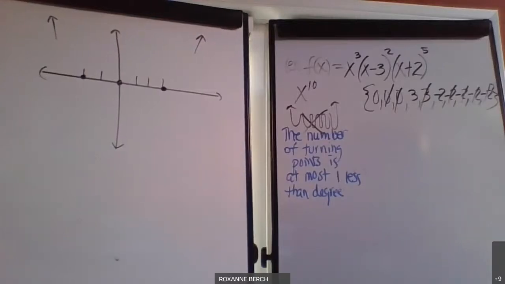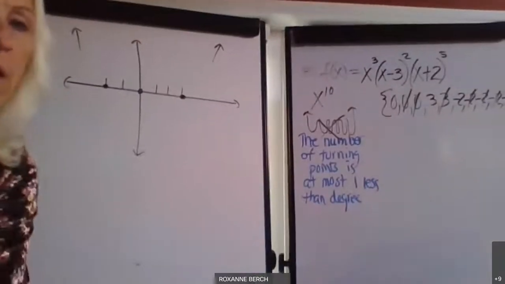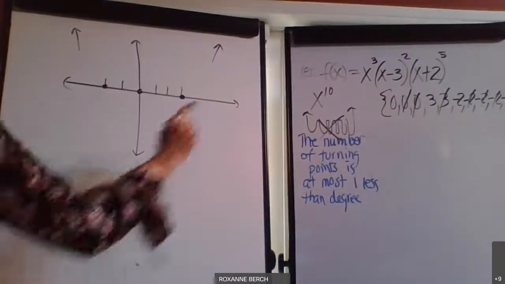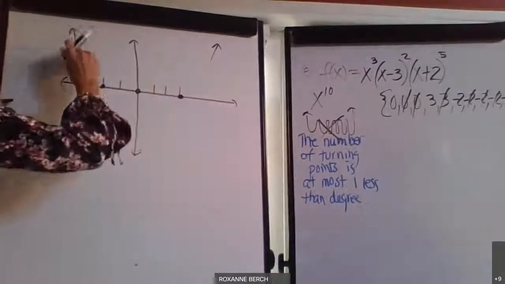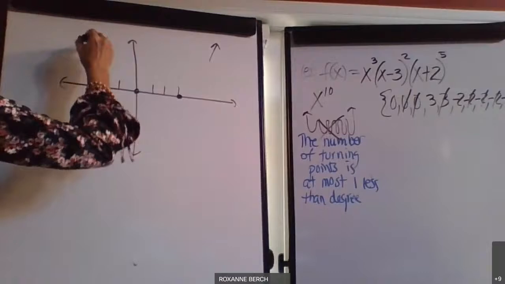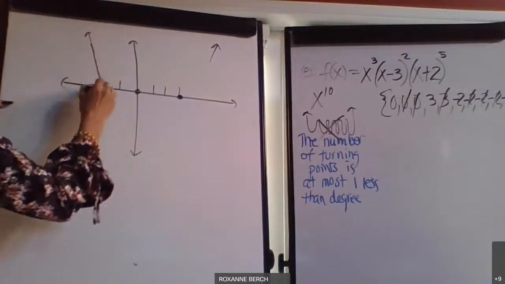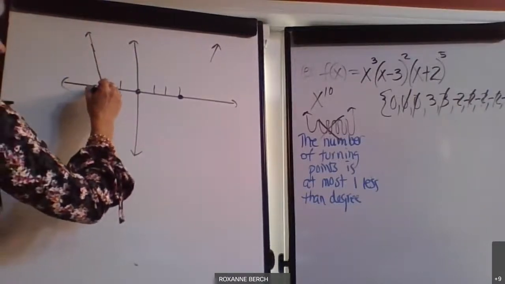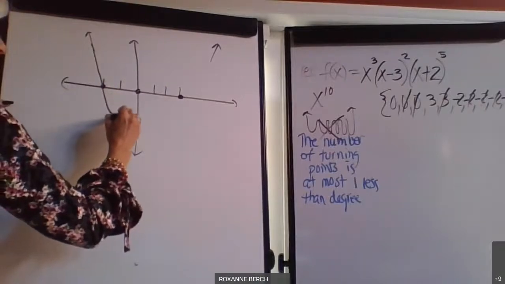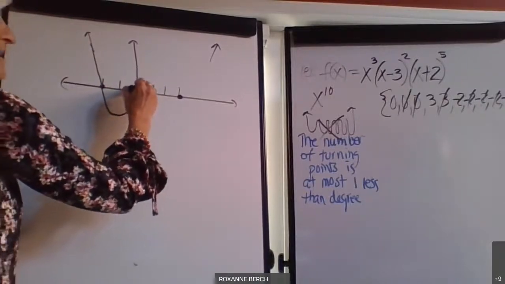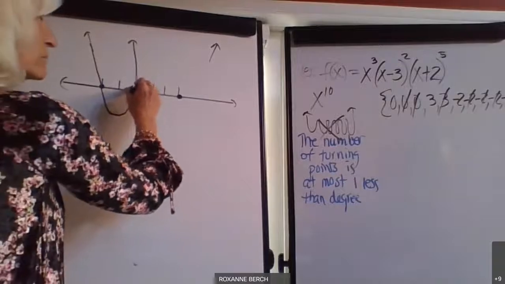So here we go. What's happening at negative 2? Well, the multiplicity is odd, so what's it doing? It crosses. What's happening at 0? It's odd. Crosses. And what's happening at 3?